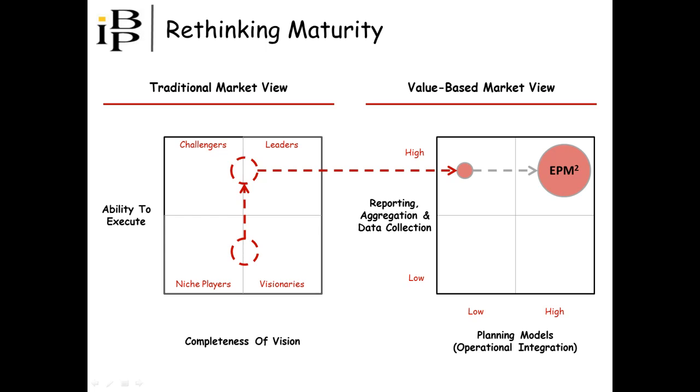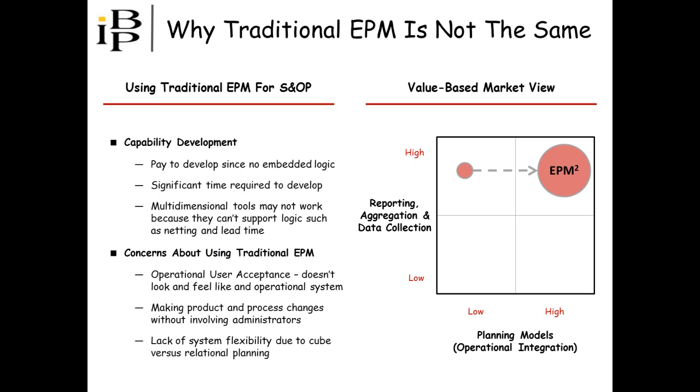Traditional market views provide good perspectives on the ability of vendors to support basic reporting, aggregation, and data collection processes. However, they don't always capture the one factor that drives the vast majority of EPM and S&OP value, and that is the maturity of modeling capabilities and the ability to integrate finance and operations.